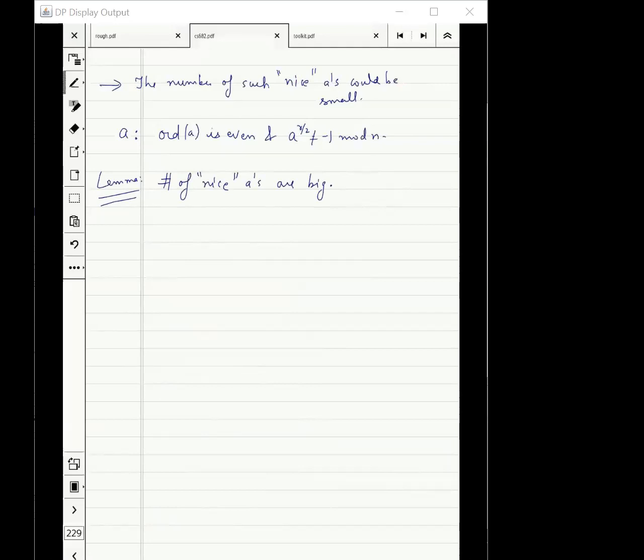Then I will just throw my dart, look at a random A, and with high probability it is going to be nice. That means its order is going to be even, and a to the power r by 2 is not going to be equal to minus 1. And if that happens, we are very happy, we have found a factor, and we go. So assume that this lemma is true. Assume that I have given you the proof. I have not, but assume this is true.